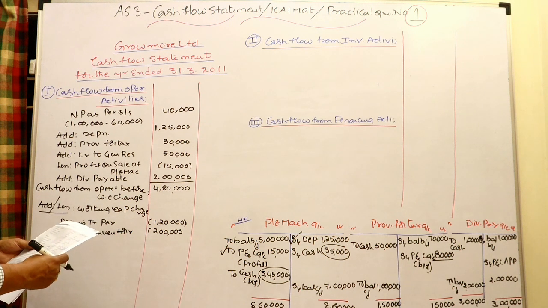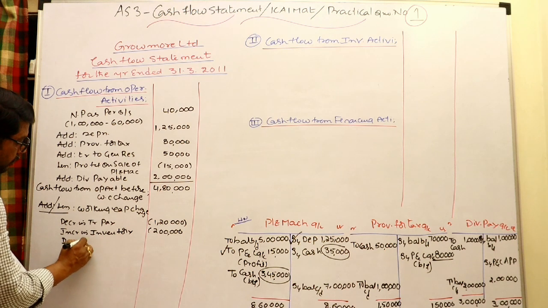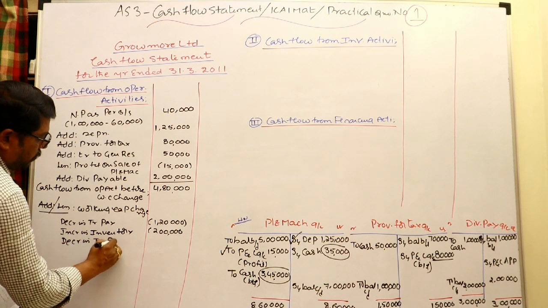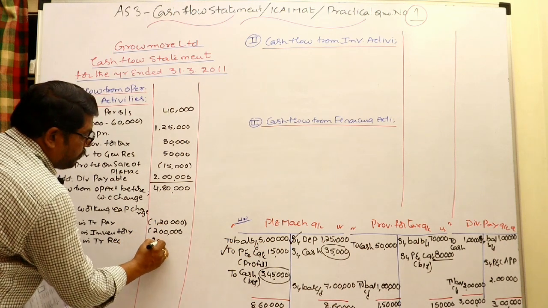Trade receivable was 7 lakhs, it changed to 5 lakhs. Decrease in trade receivable, current asset decrease, inflow. Decrease in trade receivable, 2 lakhs inflow.